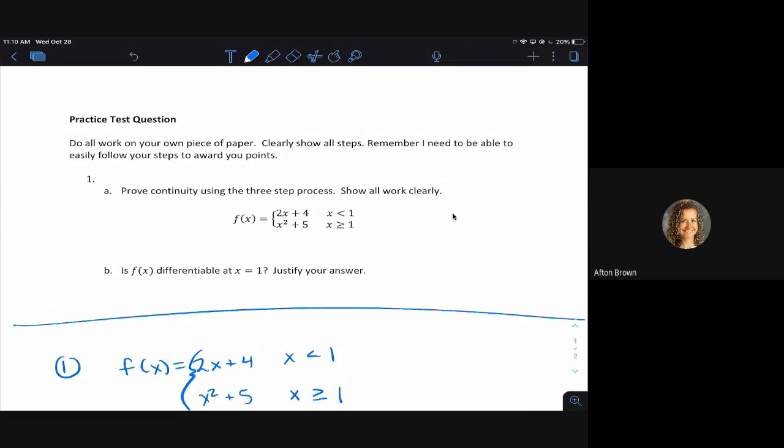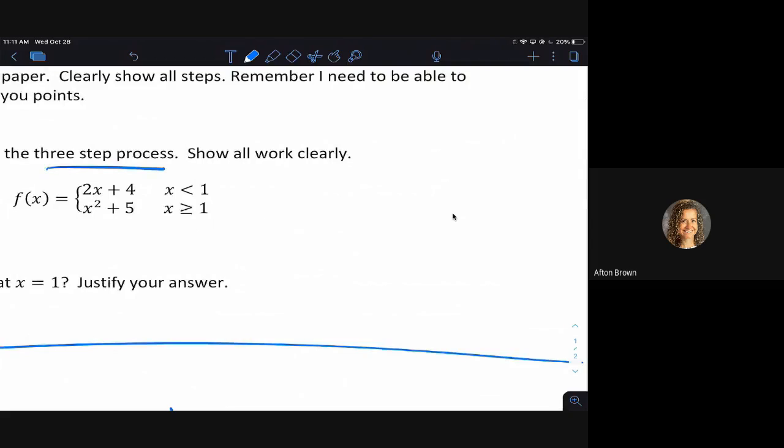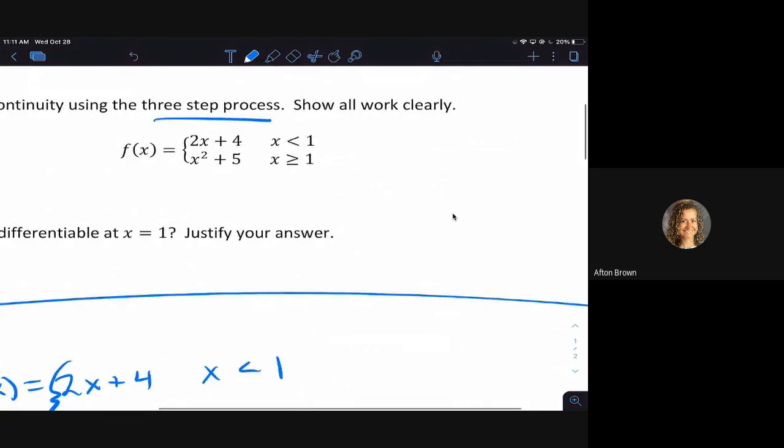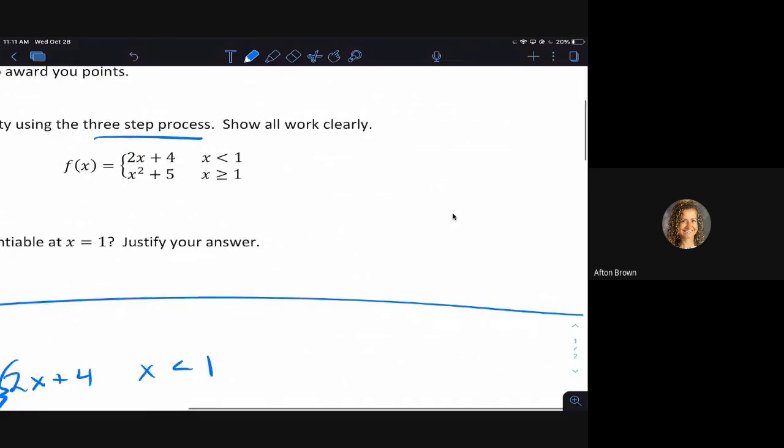Okay, because it keeps coming up, because in order to talk about part B, differentiability, we have to talk about continuity. Who remembers what those 3 steps are? What 3 things have to happen for a function to be continuous? Yeah, Lance, what do you remember? The point on the function has to exist.